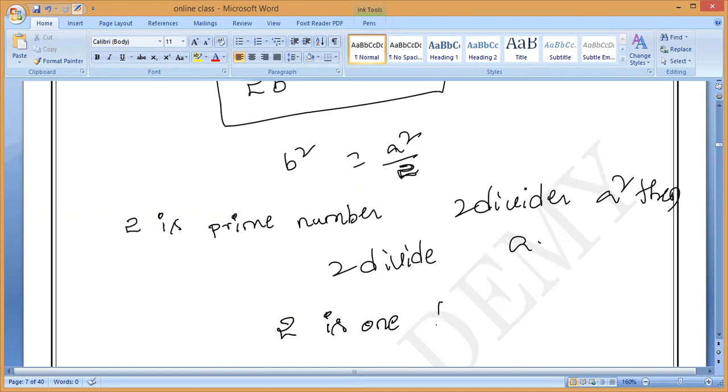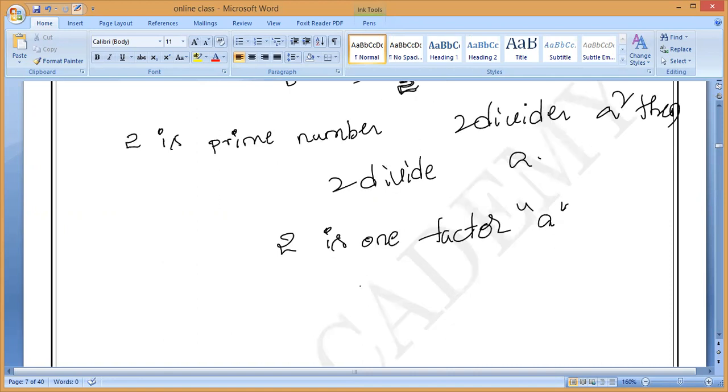2 is a factor of A only. So write A in the form of factors.